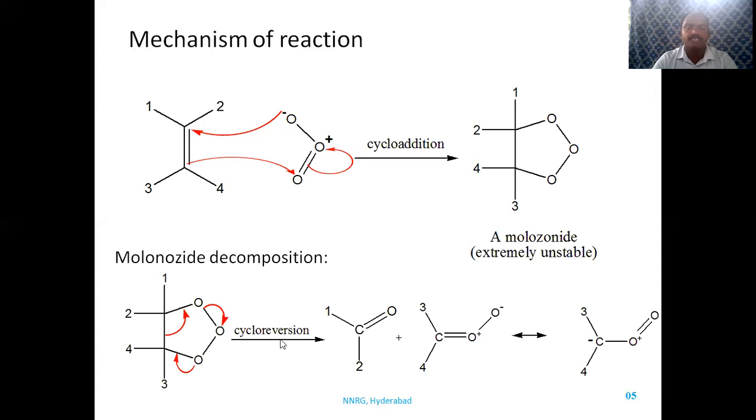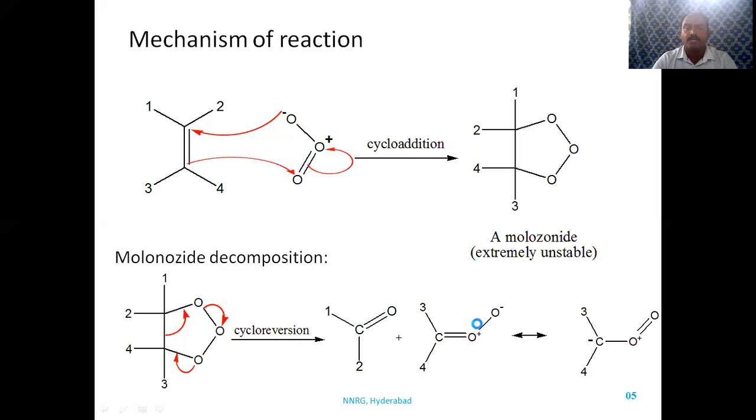So cycloreversion takes place and the carbonyl form is formed. Here, one is hydrogen and this carbon, and this 3 is hydrogen and this carbon. So 2 and 3 are attached to two different carbonyls. That is the reason we got glyoxal.